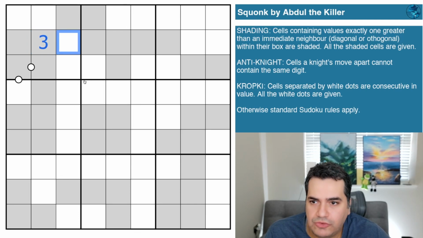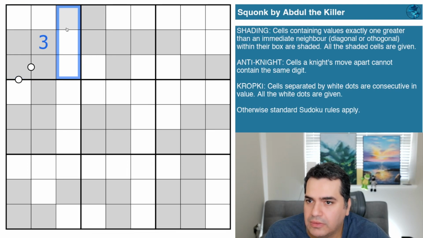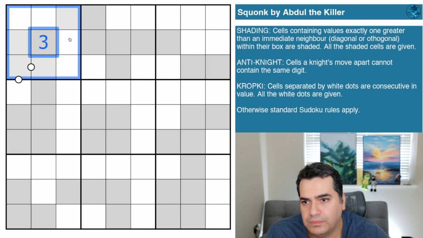It means that somewhere near in there, it doesn't even have to be a shaded cell, somewhere in these cells surrounding the 3, so either orthogonally connected or even diagonal, is a 2.